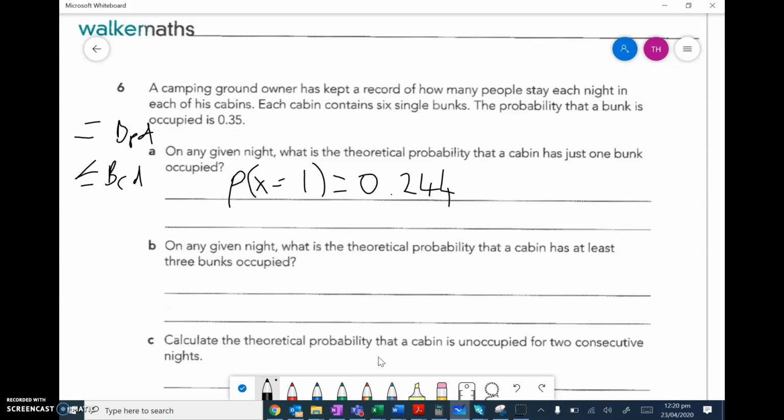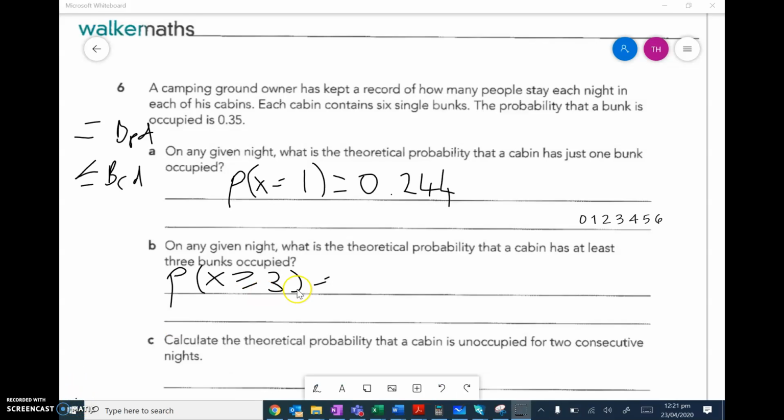Okay, question B. On any given night, what's the probability that a cabin has at least 3 bunks occupied? At least 3 includes 3, so that's x is greater than or equal to 3. Now I need it to look like this for me to use it in my calculator. So if I look up here, that means I need 3, 4, 5, 6.